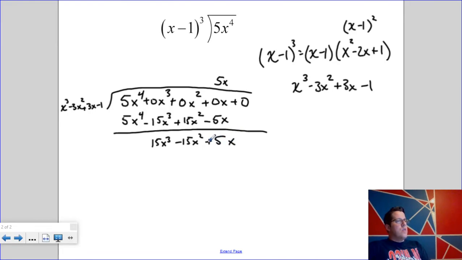And then this is going to go in 15 times. So that's going to give me, I don't know, 15x cubed minus 45x squared plus 45x minus 15.